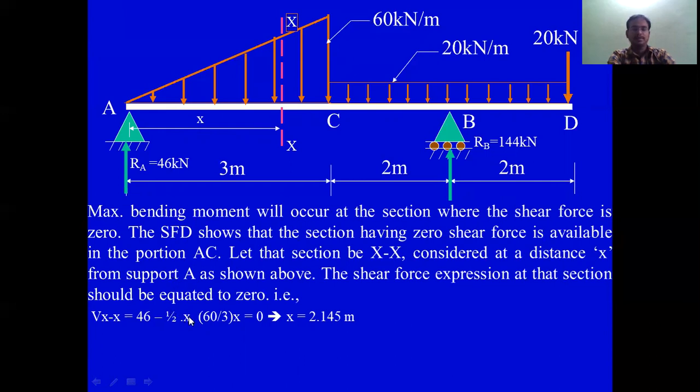So half into x into this base. How do we calculate the base? It is 60 by 3 into x. This distance is x.